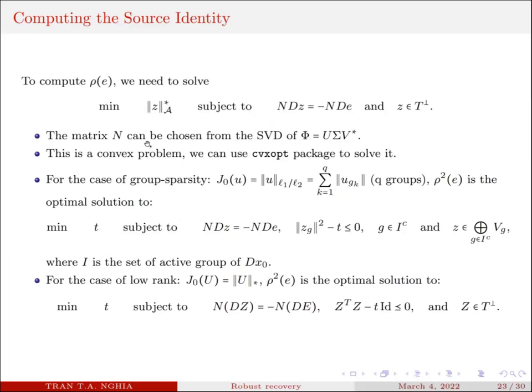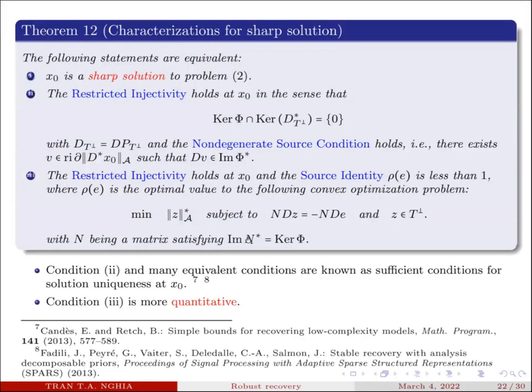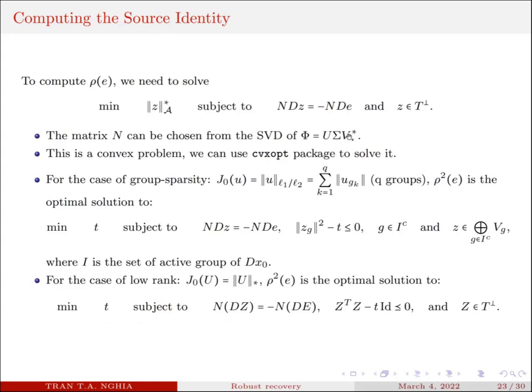N can be chosen from the singular value decomposition of Phi, because the information we have is that the image of N star equals the kernel of Phi. So we get N from the V star right here. And this problem is a convex problem. We can use some available package to solve it. In the paper, we use the CVX optimization package.